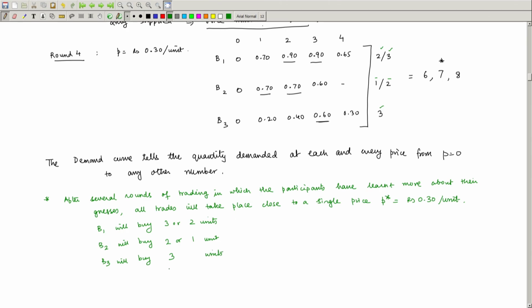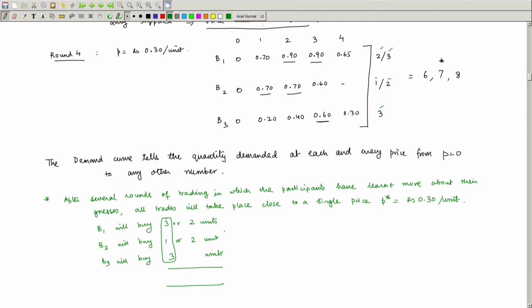So, that the total here, whether I take 3 plus 2 plus 3, let me rewrite this, sorry. I will just say that buyer 2 will buy 1 or 2 units, right. So, buyer 1 will buy 3 or 2 units.